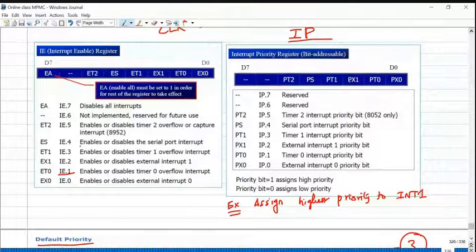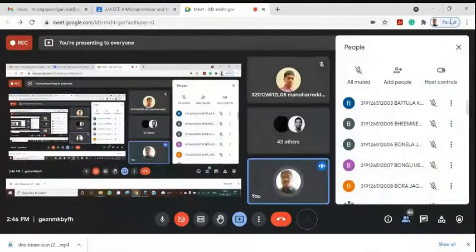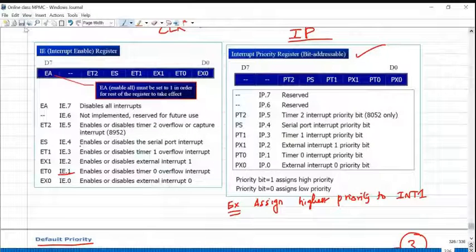So can anyone tell me? First, identify which bit position corresponds to INT1 in the IP register. Please make it fast. What is PX0? Roll number 6, can you respond?